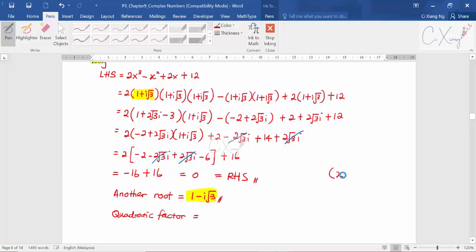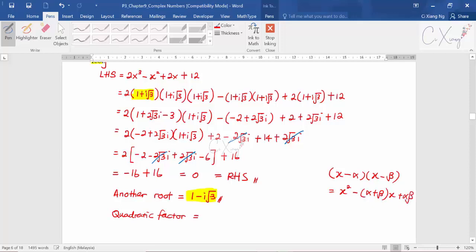How to form the quadratic factor, as we did last time? If you have x minus alpha and also x minus beta, when you expand it you will realize that it is actually x squared minus alpha plus beta x plus alpha beta.